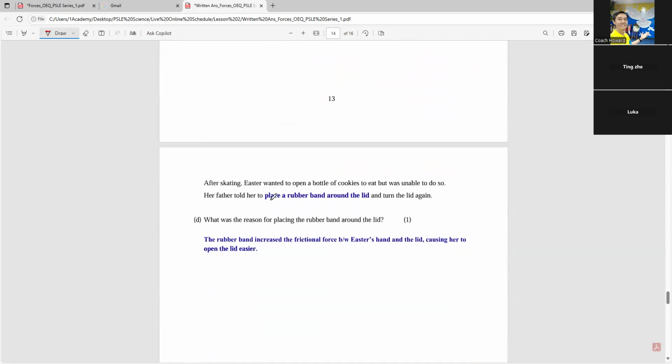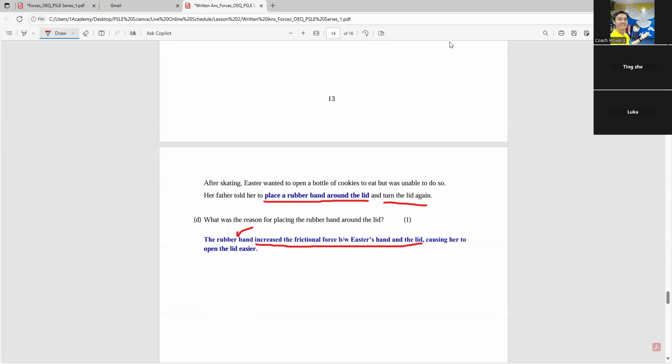Part D. After skating, Easter wanted to open a bottle of cookies to eat, but was unable to do so. Her father told her to place a rubber band around the lid and turn the lid again. So what was the reason for placing the rubber band? The rubber band increased the frictional force between Easter's hand and the lid, causing her to open the lid easier.